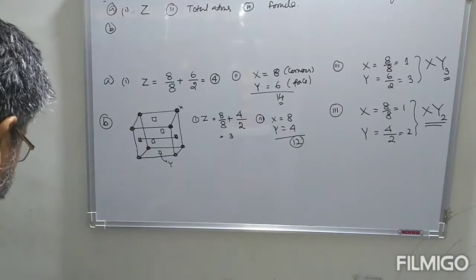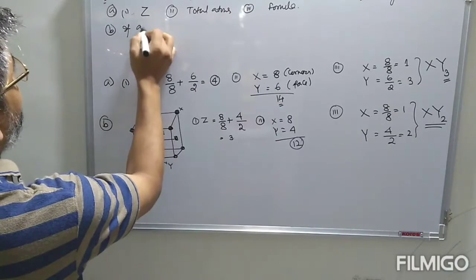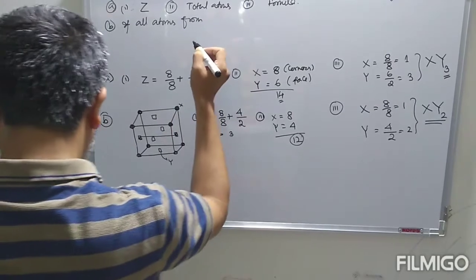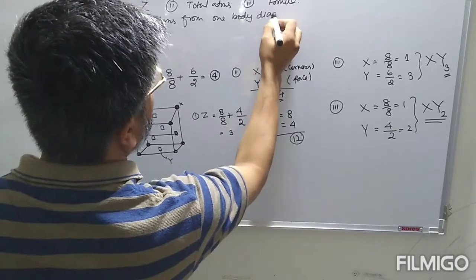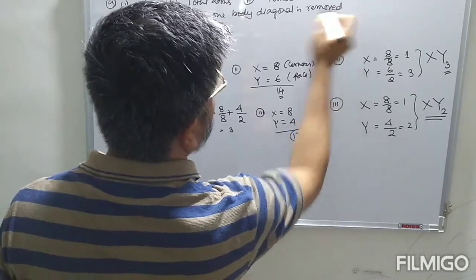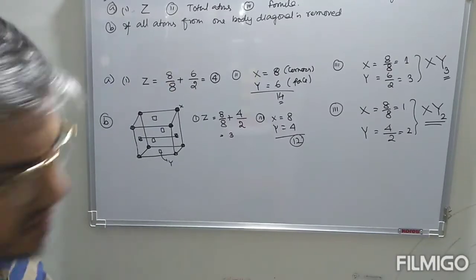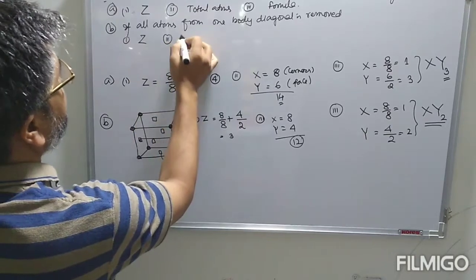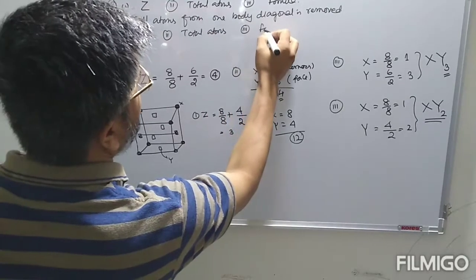B says: if all atoms from one body diagonal are removed, so we have body diagonals, and from one of the body diagonals atoms are completely removed, then find the total atoms and the formula.